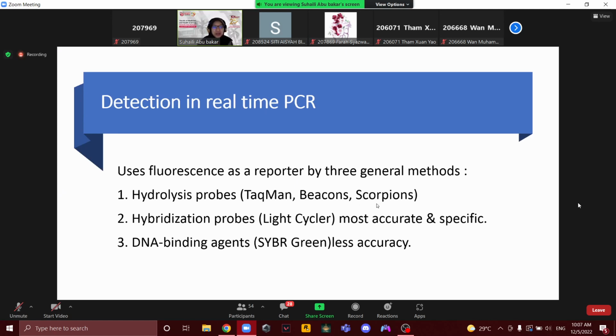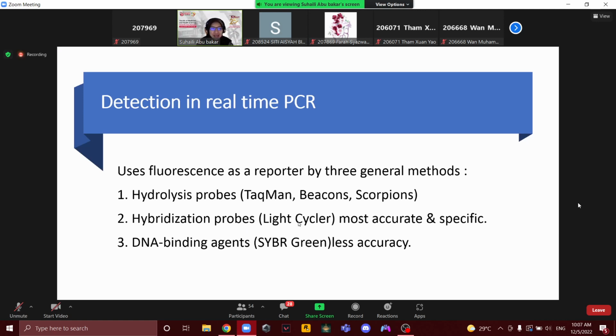When you read the journal or hear lecturers mention TaqMan real-time PCR, it means the probe used has this method, hydrolysis. Hydrolysis means digest, it will digest. So based on the name you already know. Beacon digest, Scorpion digest. Hybridization probe means attached signal. Attached signal. Most accurate and specific.